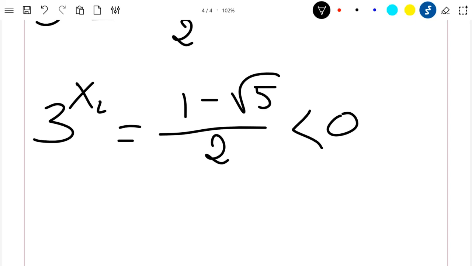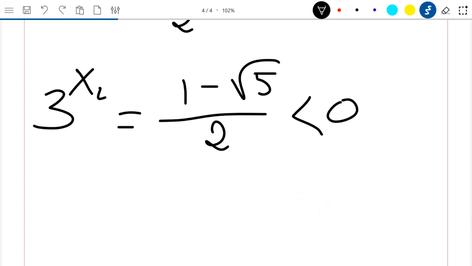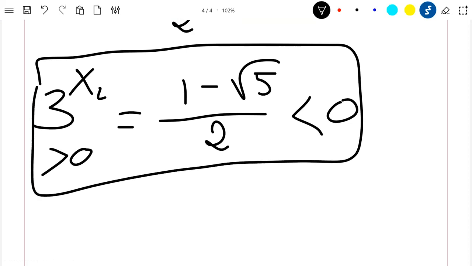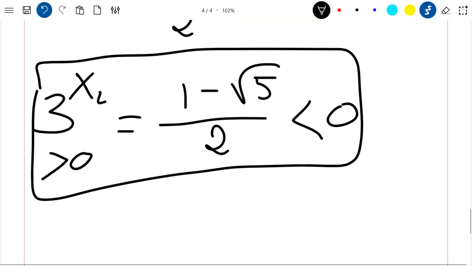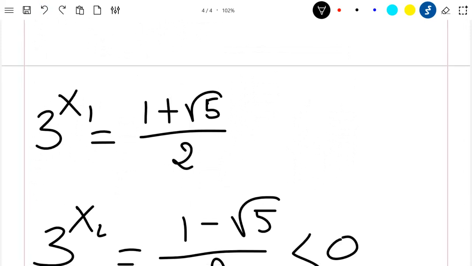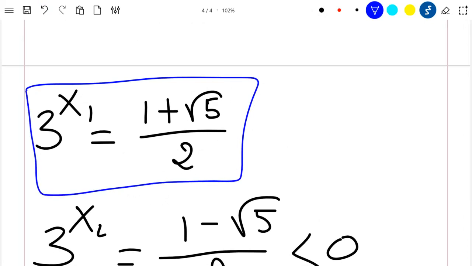Because 3 to the power x is always greater than 0, we cannot find a solution x satisfying this equation. So this one also has no solution, and we are just going to focus on the other one, and our solution will come from there.